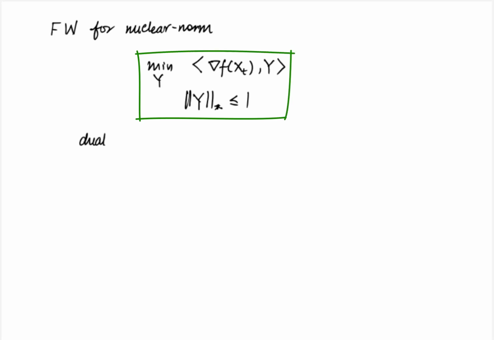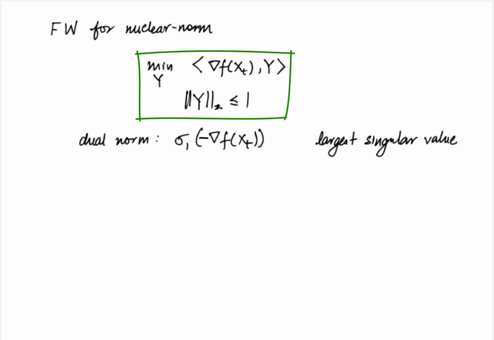Now if you recall, the dual norm of the nuclear norm is the spectral norm, sigma_1 of gradient f of x_t. The spectral norm is the largest singular value of the gradient matrix. The corresponding optimum y is given by minus u_1 v_1 transpose, where u_1 and v_1 are the left and right singular vectors of gradient f of x_t.